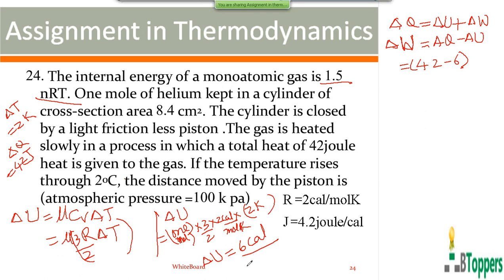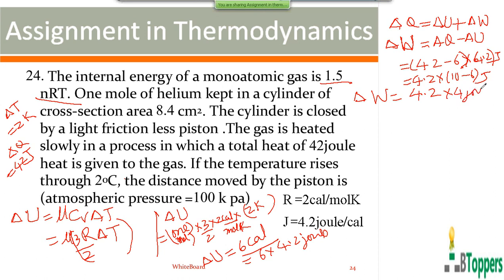We can convert 6 calories into joules: 6 into 4.2 joules, because the mechanical equivalent of heat is given. So the work done by the gas during the expansion is equal to 4.2 into 4 joules, or you can simplify it your own way.